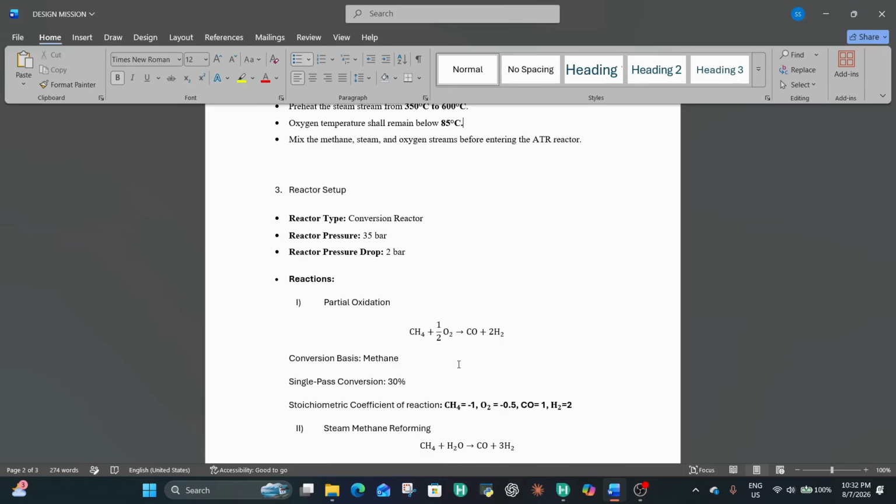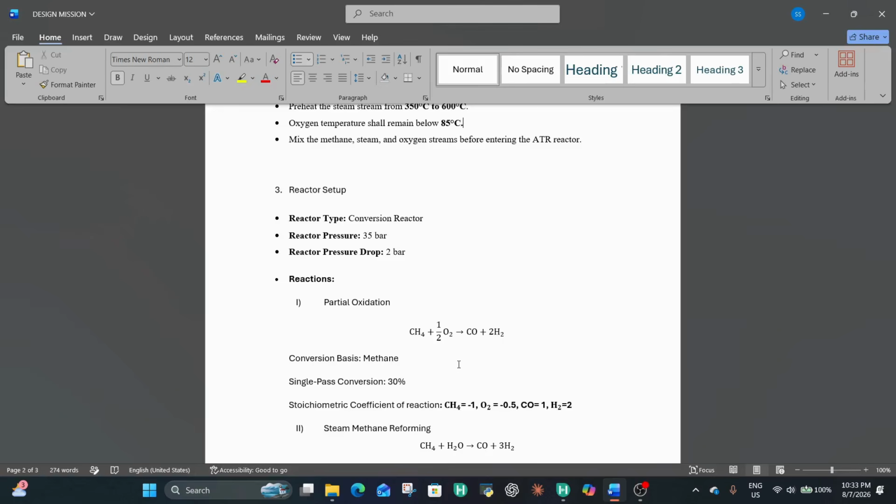So it generates so much heat that it becomes our driving force, and we don't need the fired heater energy sourcing, continuous firing to generate heat needed to drive an SMR. We could just simply do it internally inside our reaction to generate the heat needed to drive an SMR reaction. So our conversion base component basically is methane.